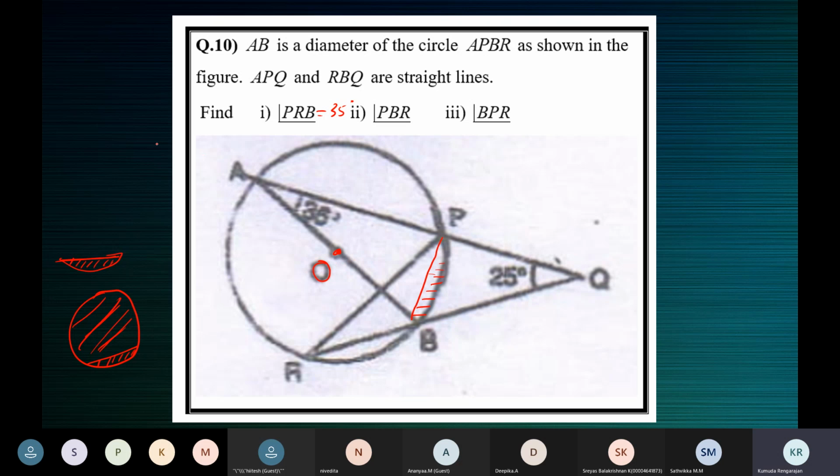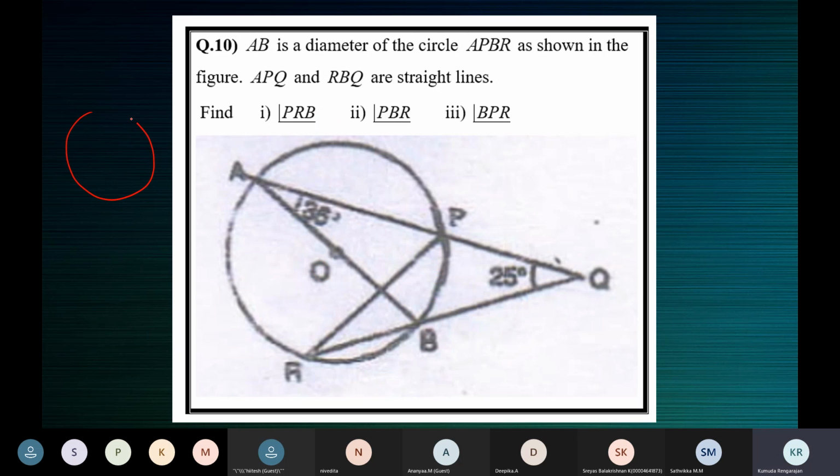We know that angle in a semicircle is a right angle. If you take any point P on the semicircle and join the ends of the diameter to P, this makes an angle in a semicircle. This is 90 degrees. Let me show you again.